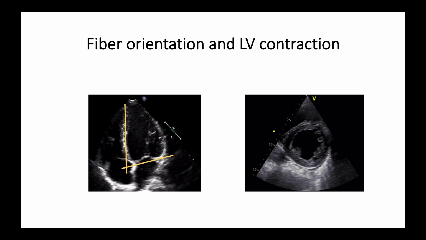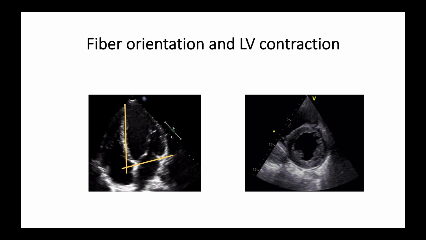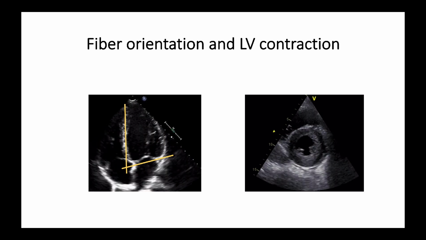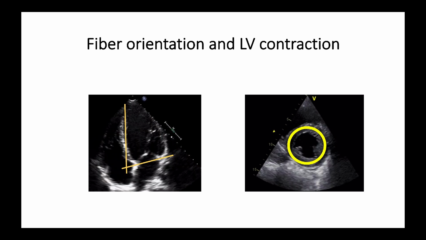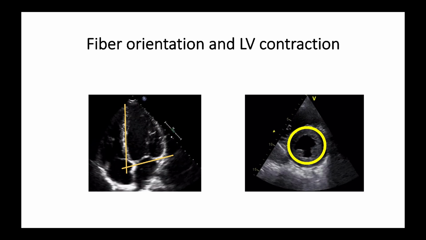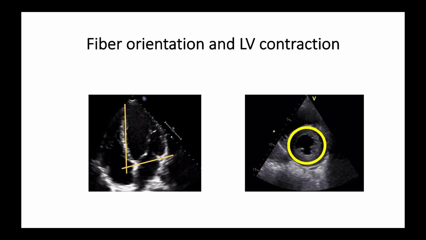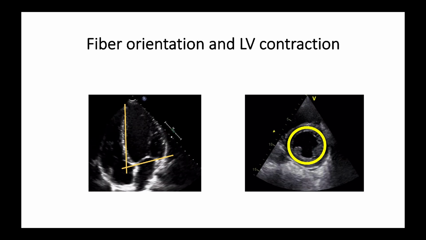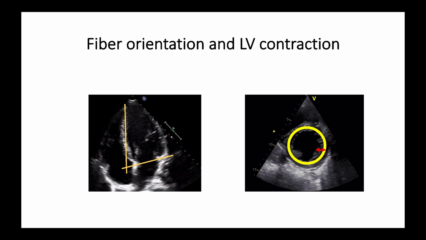You can also notice how the left ventricle shortens longitudinally as the mitral annulus moves up and away from this transverse yellow line. And similarly, you can notice the ventricle shortens in a circumferential manner in this short axis view of the left ventricle as the ventricular circumference becomes smaller with contraction in relation to the yellow circle. Also note that you can notice the radial thickening of the left ventricle in the short axis view.